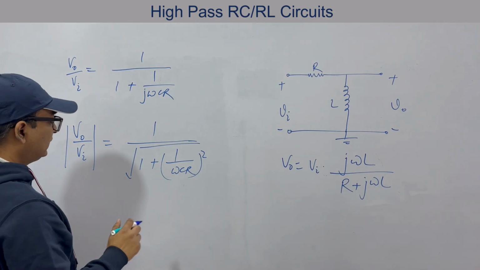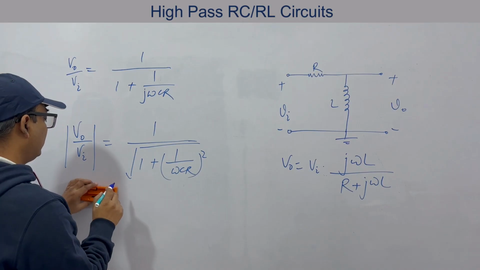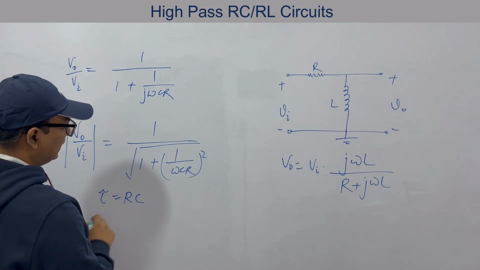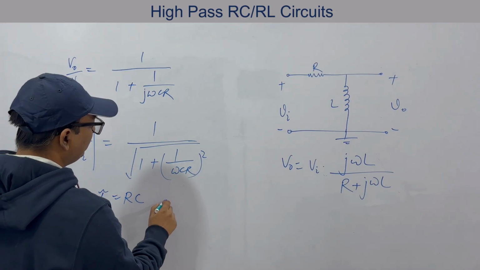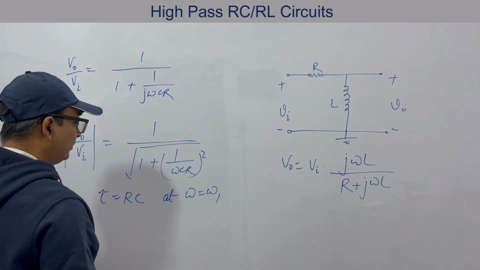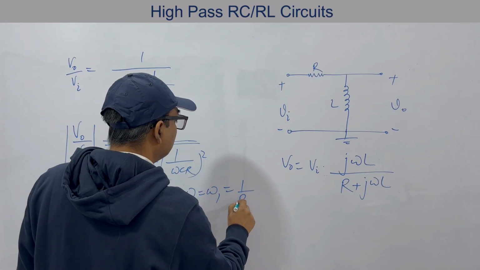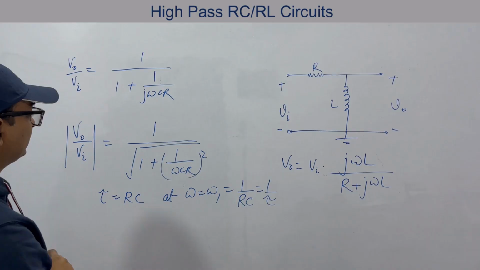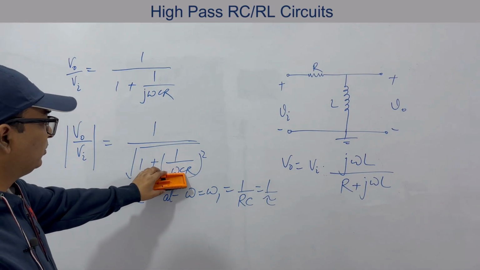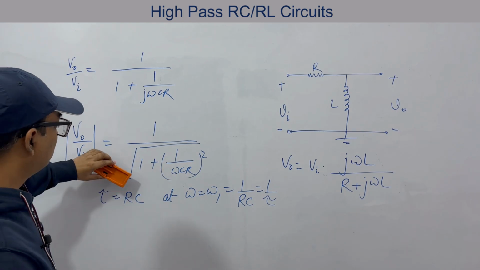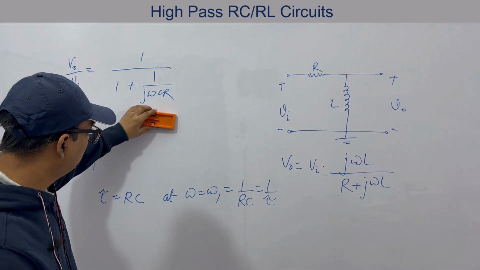But you know about time constant. If you have an RC circuit, the time constant is RC. So let's say at omega equal to omega 1, which is equal to 1 by RC, that is 1 by tau. What result you will get? Here only 1 by RC. So this will be omega 1 by omega. Okay. So I am just rubbing it.